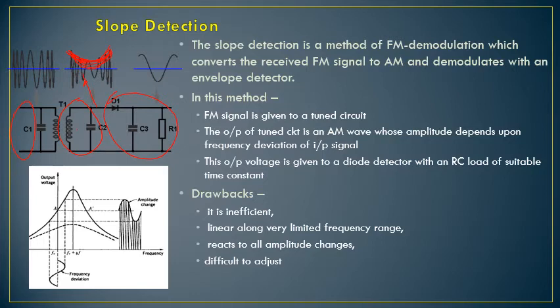Here we get the maximum output voltage when the input frequency is Fc plus delta F. Okay, so when the input frequency is maximum, that is Fc plus delta F, which nearly matches the resonant frequency of this, then you get the maximum output voltage. And when the input frequency is very low as compared to the resonant frequency, which is present here, around Fc plus delta F, then the voltage produced will also be too low.